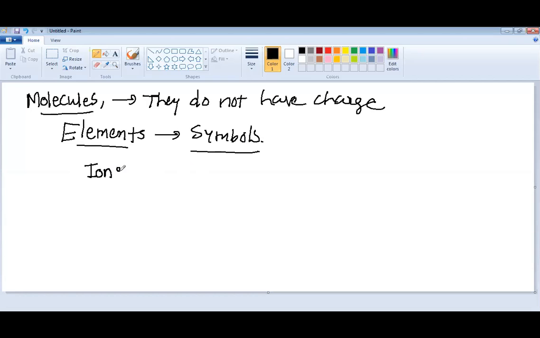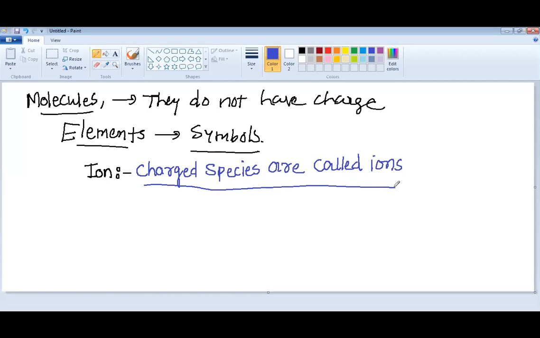What is an ion? For ion, we can write the definition very easily: charged species are called ions. Please remember, my dear students, that charged species are called ions. So if your element has a charge, it becomes an ion.